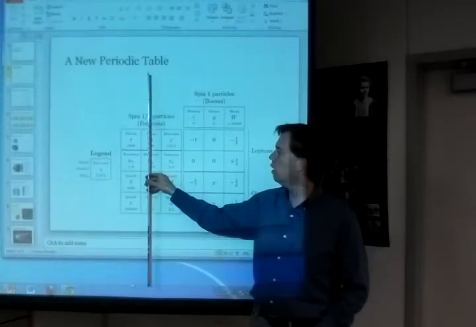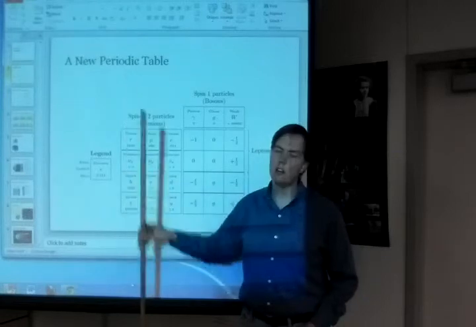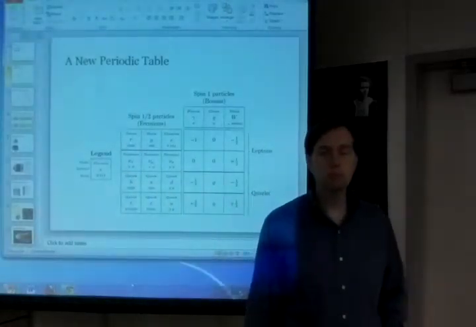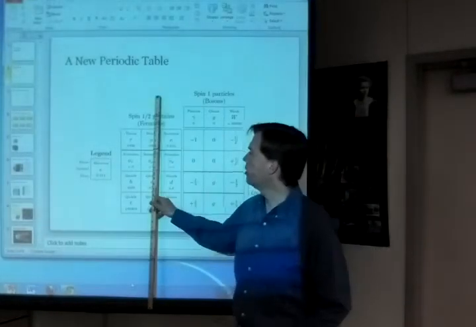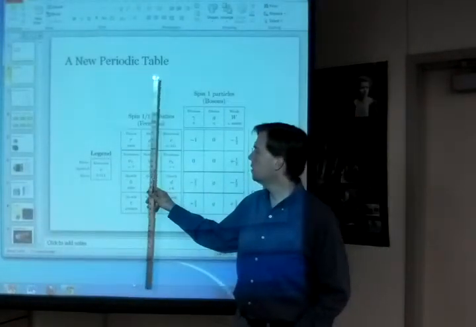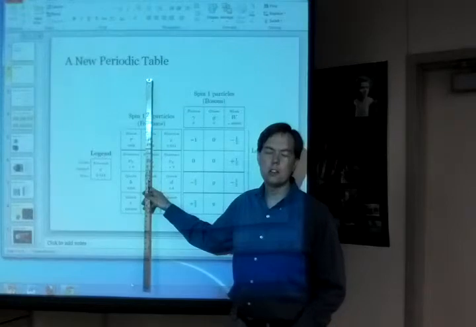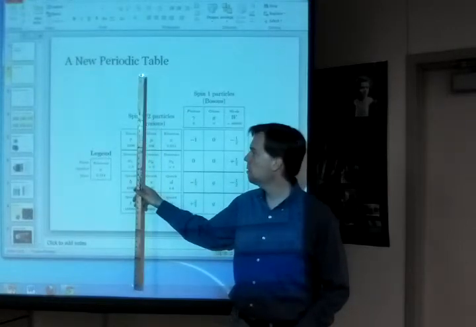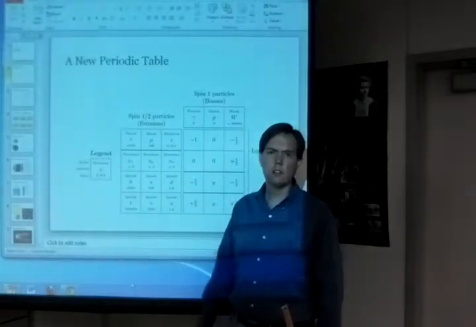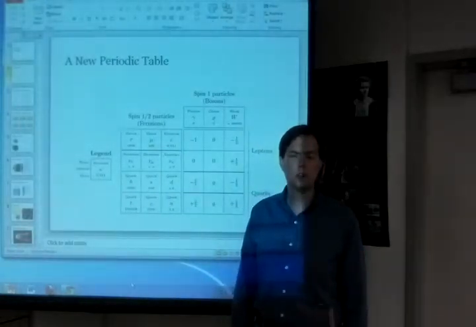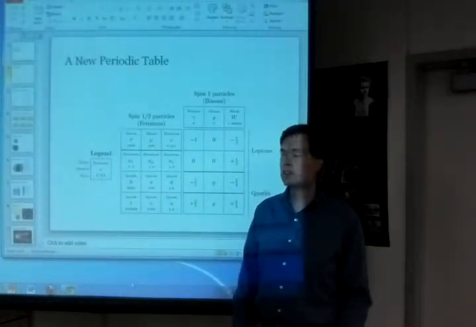So in order to get up here into the second and third generation of particles, you have to increase the amount of energy. And also what that means is that, in order to actually experience these, you have to have stronger atom smashers. This down here was the last of these fundamental 12 particles to be discovered.